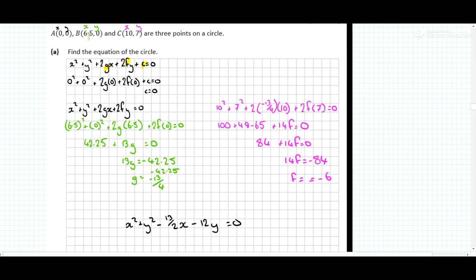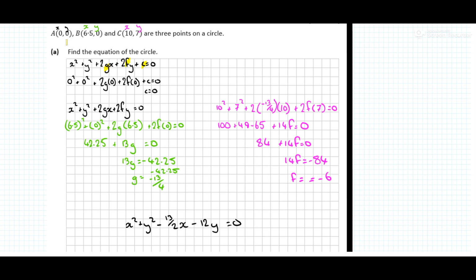But you'll have three unknowns, but you'll be able to find 3 equations using each of the points. So if you have 3 unknowns and 3 equations, then it just turns into an algebra question, very similar to the likes of on paper 1, a simultaneous equation question where you have 3 unknowns and 3 variables.